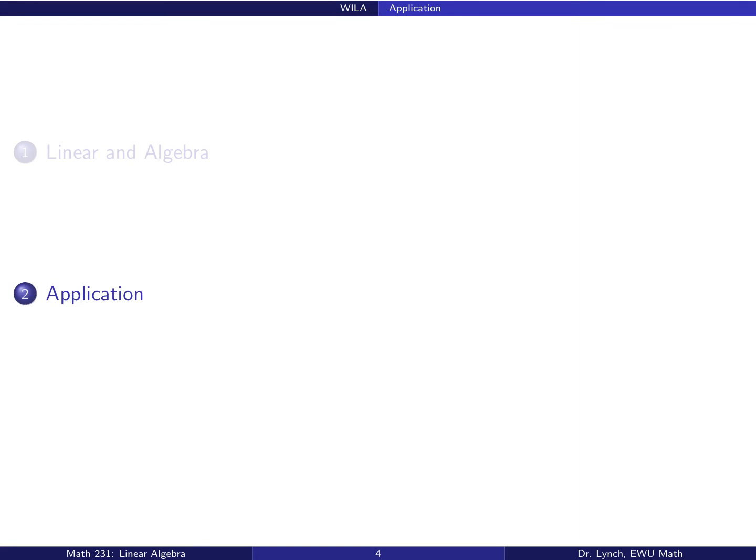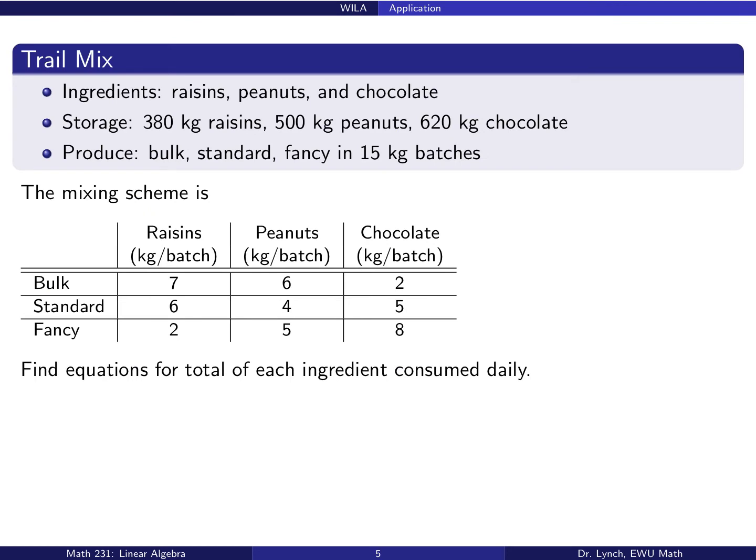Okay, a brief discussion of an application here. We're going to assume that you're in charge of cooking up some trail mix, and the trail mix is made with raisins and peanuts and chocolate. And we're going to assume that in storage we have a certain amount of raisins, peanuts, and chocolate.